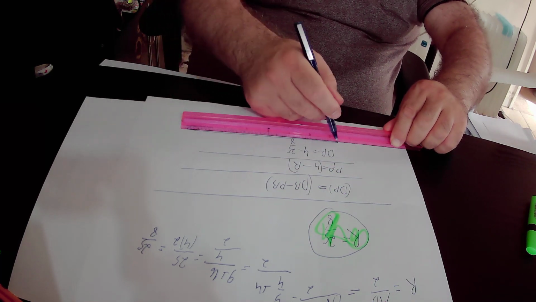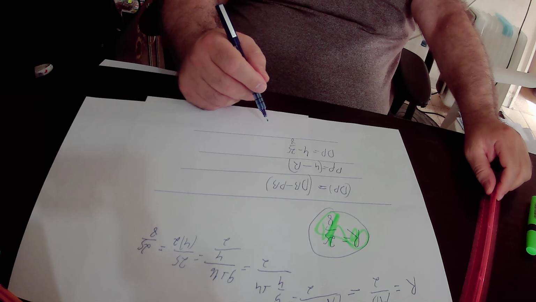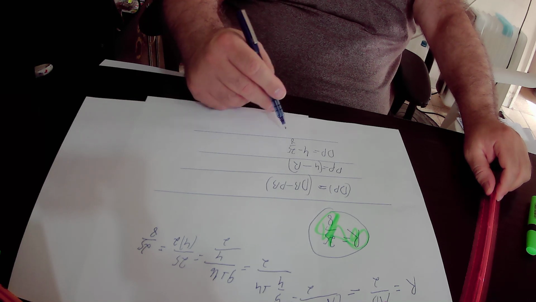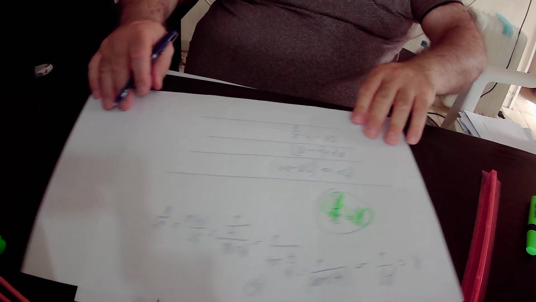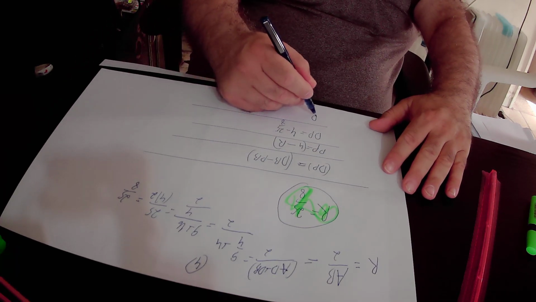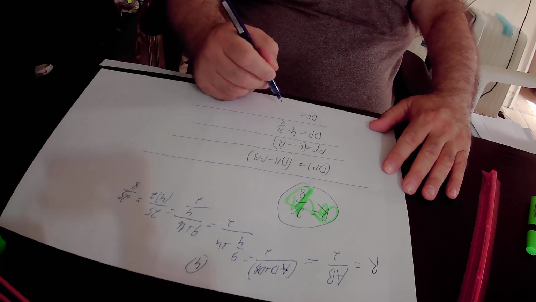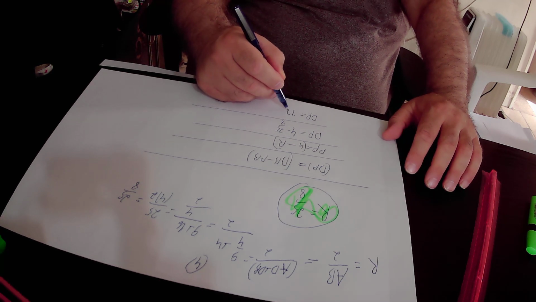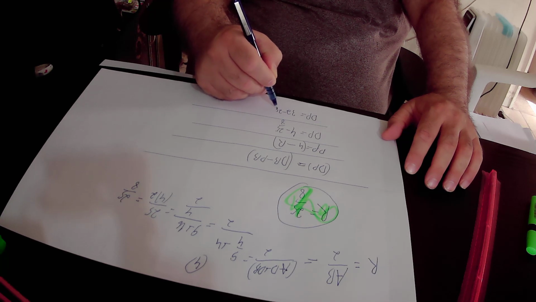So we will multiply 4 by 8 and then divide it by 8 in order to have a common denominator with 25 over 8. And we get here that DP equals 4 times 8, which is 32, minus 25 over 8.